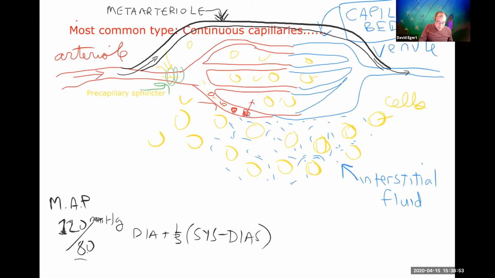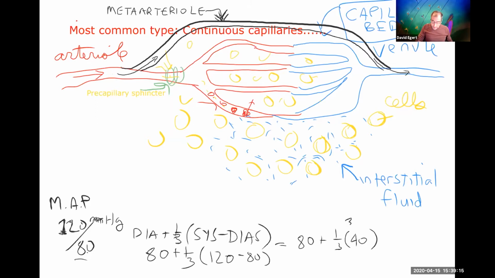And here, if diastolic is 80, plus 1/3 of 120 minus 80, that's going to be 80 plus 1/3 of 40. 1/3 of 40 is actually like 30 plus 10, so that makes it easy. This is 10 plus 3 1/3. So this is going to be 93.3.